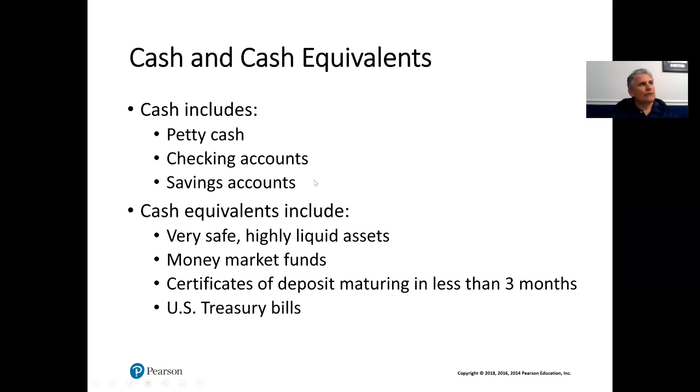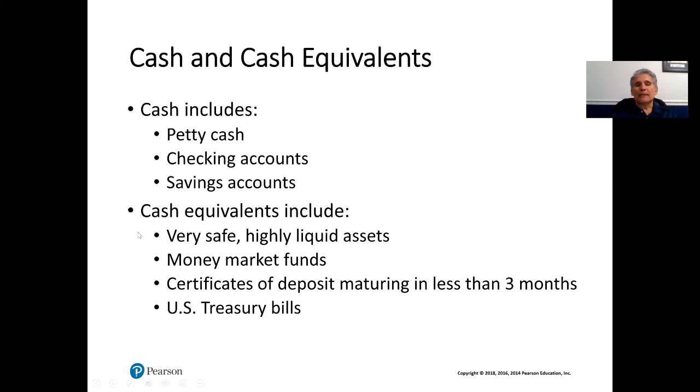Before we get too much further on discussing how the statement of cash flows works, we really do need to discuss what is cash and cash equivalents. Cash would be pretty obvious if you have like a petty cash drawer in your office or the facilities wherever you work. That would be considered to be cash. If you have checking accounts or savings accounts, those would also be considered to be cash.